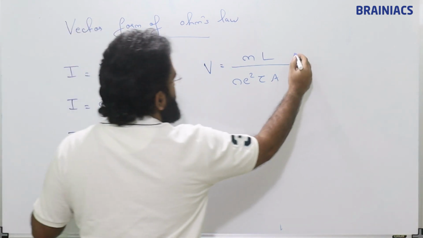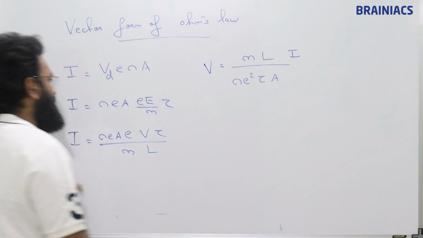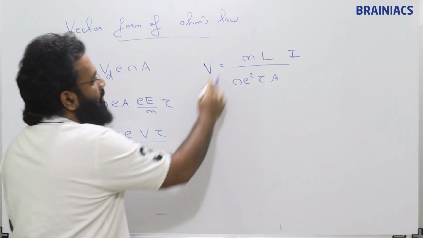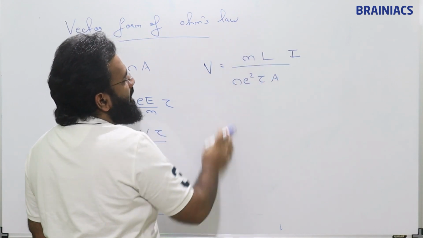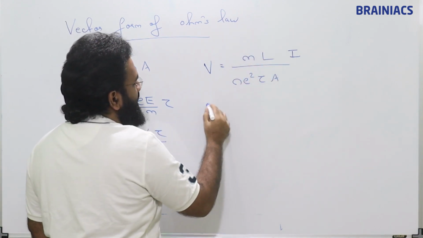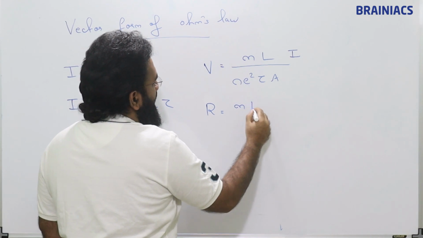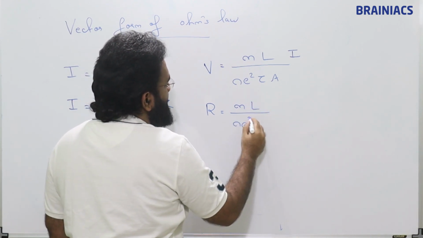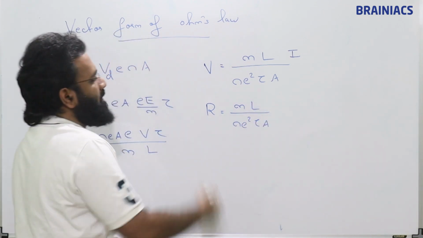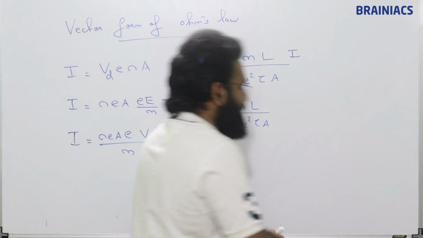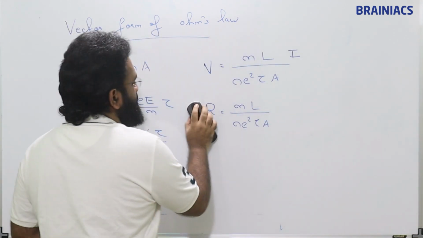Yes, I is also there. So this entire thing is nothing but resistance. R is equal to m L by n e squared tau A. This is resistance, we have seen this.